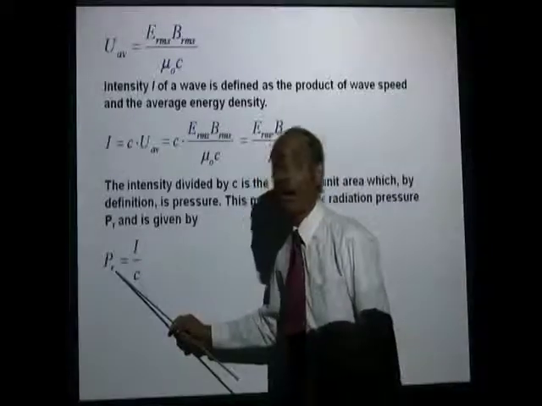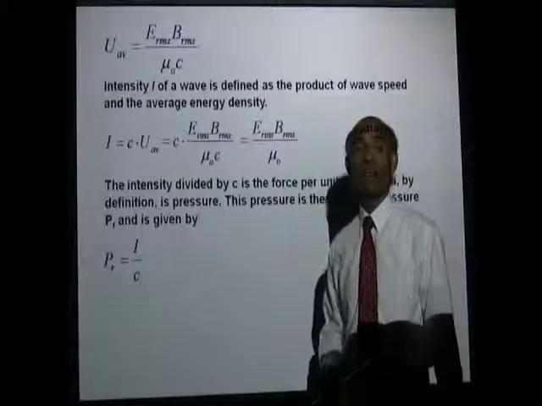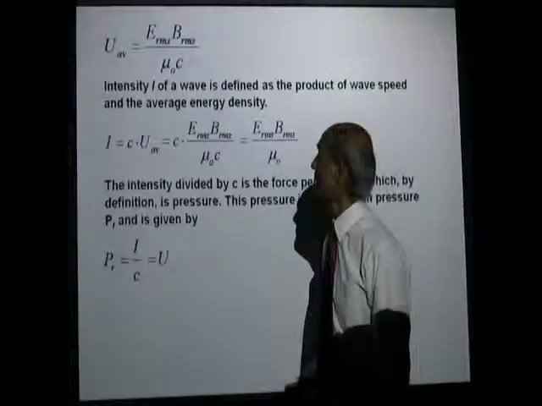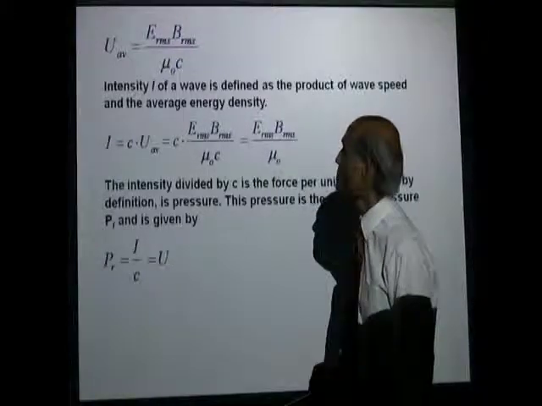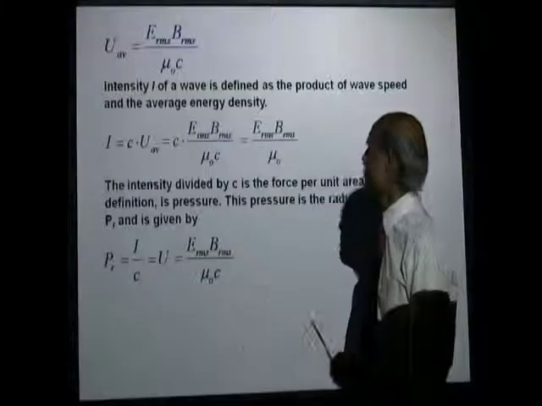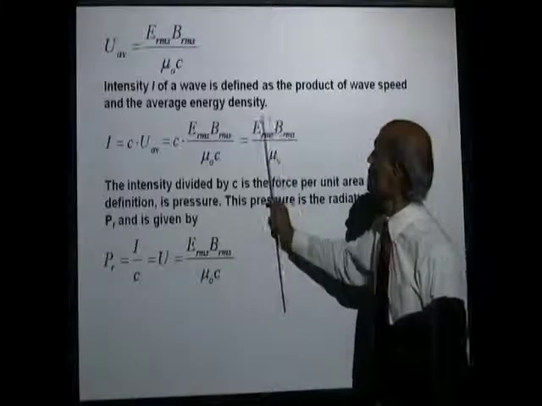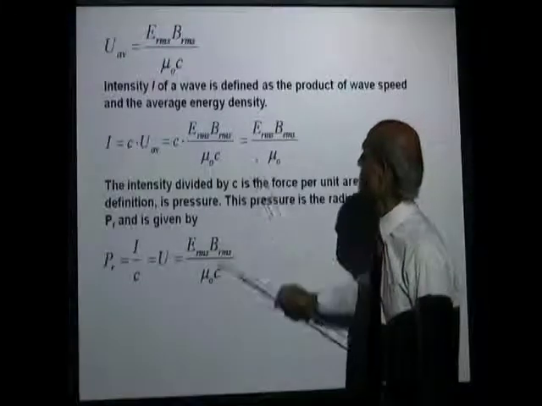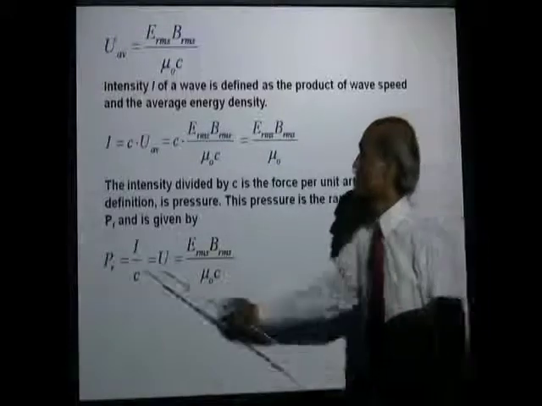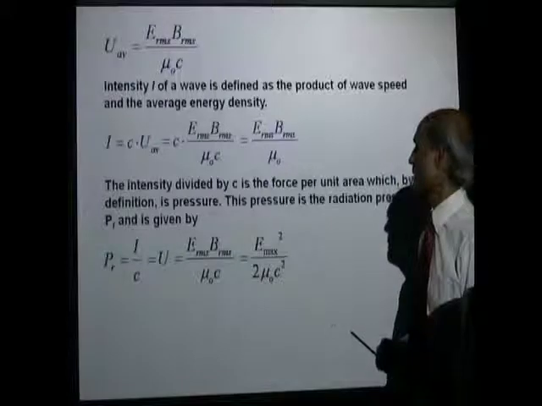So P sub r, the radiation pressure, is intensity I divided by c, the wave speed, and that is equal to E RMS B RMS divided by mu 0 c. In other words, this is I. If you divide that by c, you get mu 0 c squared in the denominator. So that is an expression for the radiation pressure.